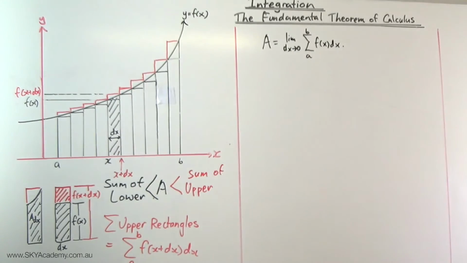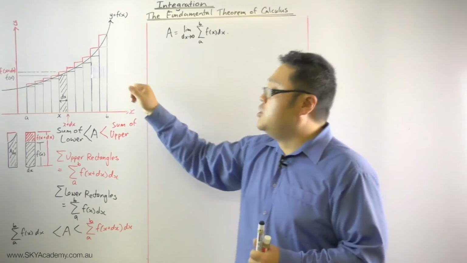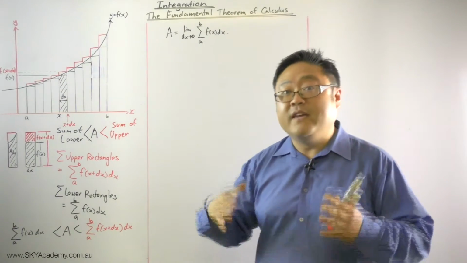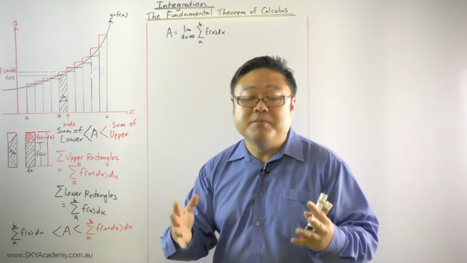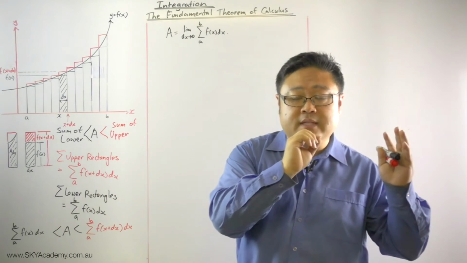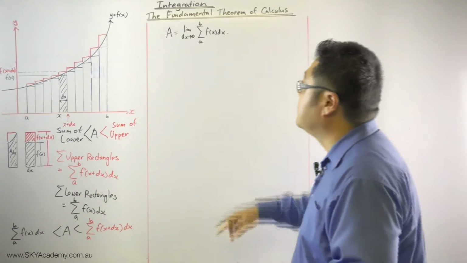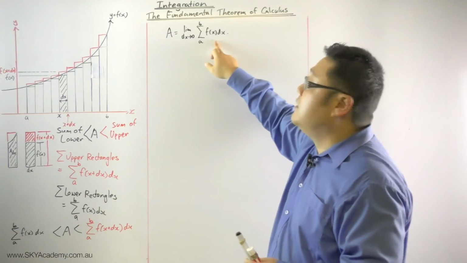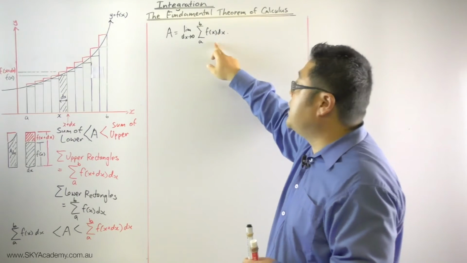That is basically what the area under the curve will be by using this method of integration. This is almost like integration by first principles, just as when we did differentiation by first principles in the chapter on differentiation. So that is basically how to find the formula for integration.